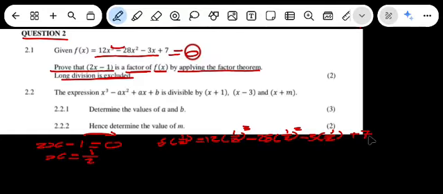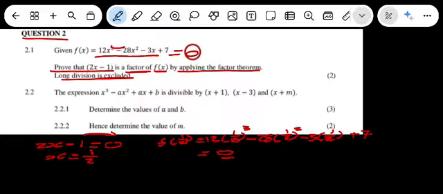If you punch this in, it's supposed to give you 0, all of that. So we'll get this to be equal to 0. If you have this 0, then it's a factor. That is how we identify it.